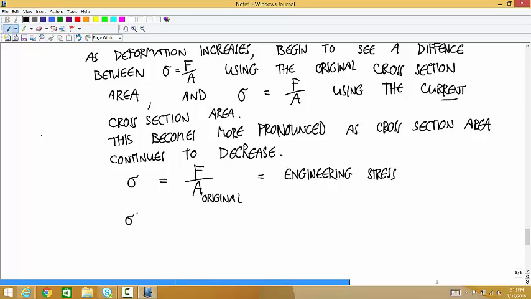And if you calculate that stress based on keeping current measurements of that cross-sectional area, so that's F over A current, that's called the true stress.